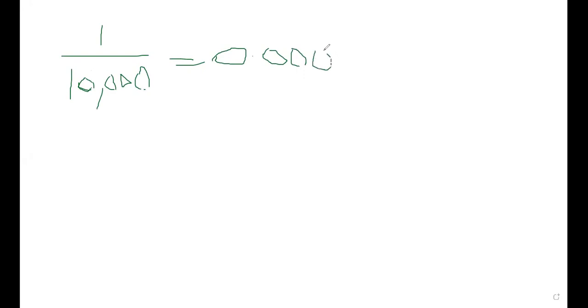Now, what exactly is a pip? Pip came from a general equation: 1 over x, 1 over 10,000. One over 10,000 is 0.0001.